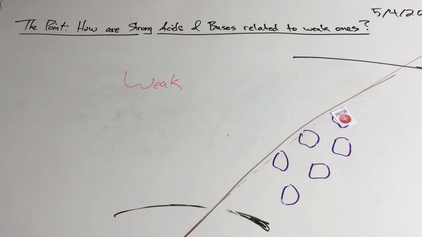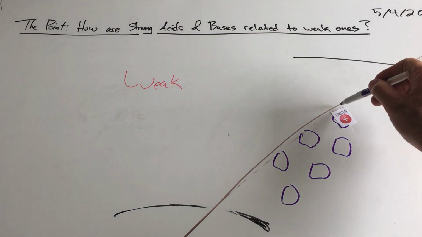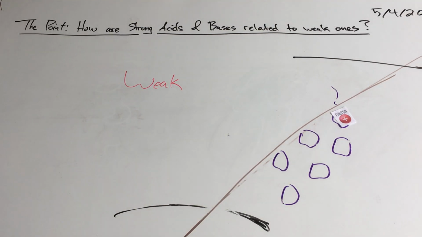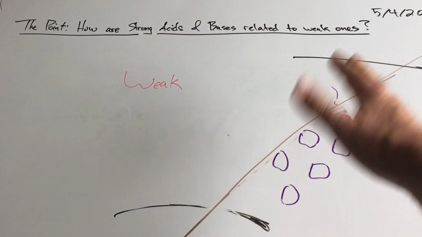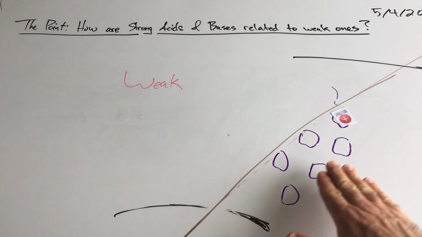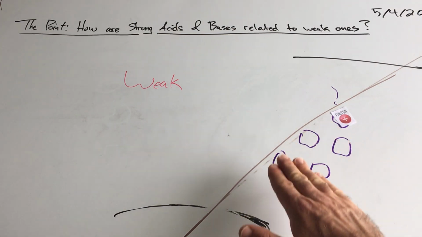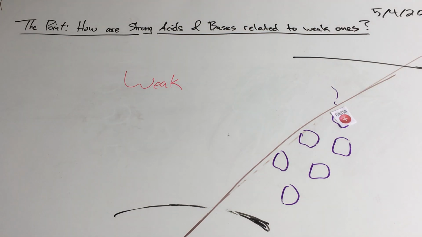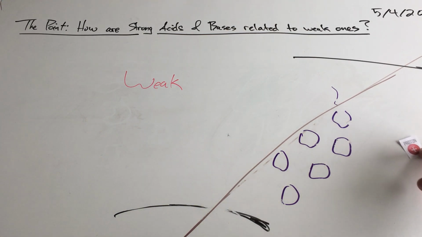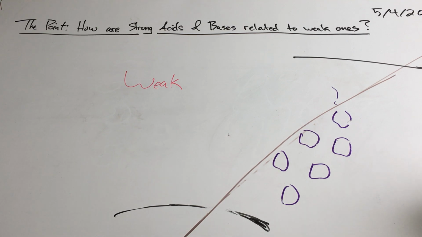And so there would just be a slight mini sizzle. And the rest of them are totally fine. Like this part of my skin is not being reacted with. It's just got a base on it and no burn. So the difference between a strong acid and a strong base versus a weak acid and a weak base is just the percent of molecules that actually react.